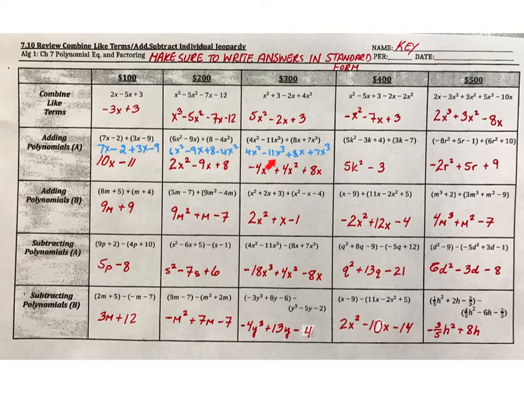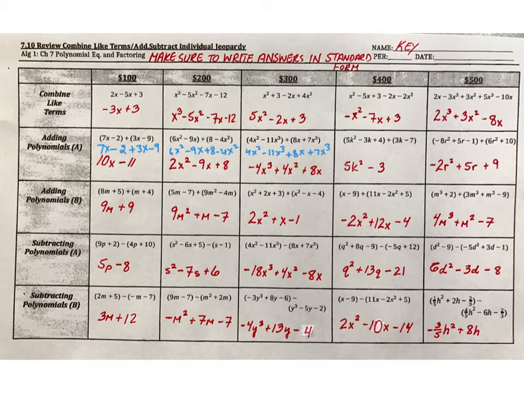So negative 11x cubed plus 7x cubed is negative 4x cubed. You write that in the front. X squared is just by itself. There is no other x term. So just write that. And 8x as it is.